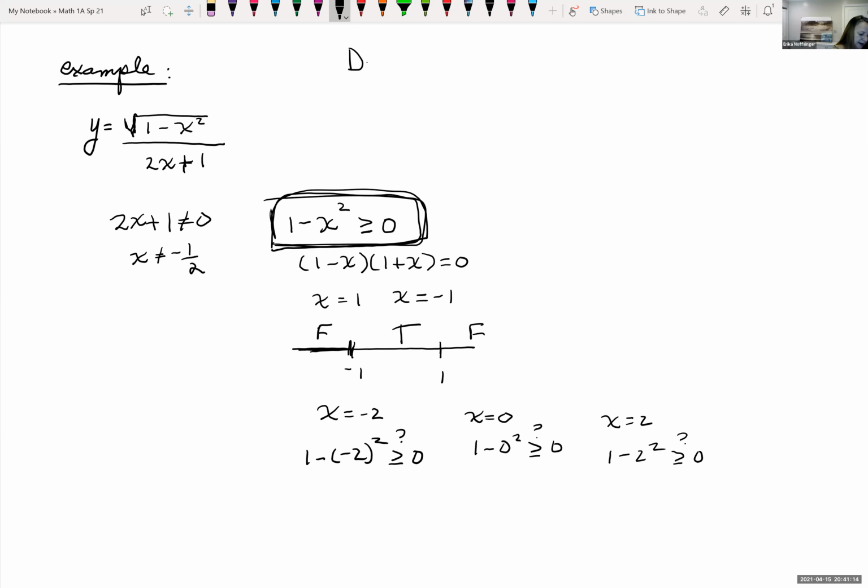So our domain, which is going to be helpful later on, in interval notation is negative 1 including, to negative 1/2 with a parenthesis, union negative 1/2 to 1 with a bracket.